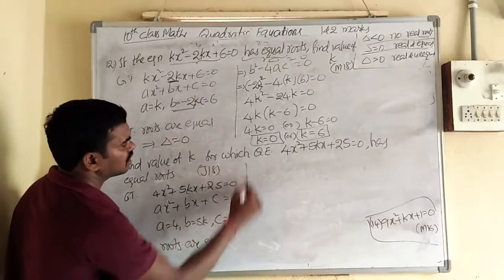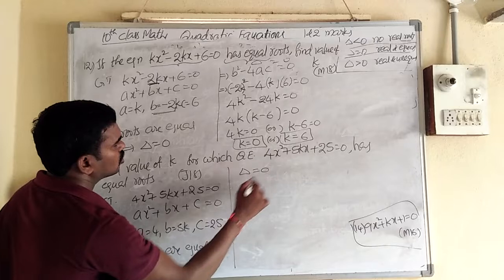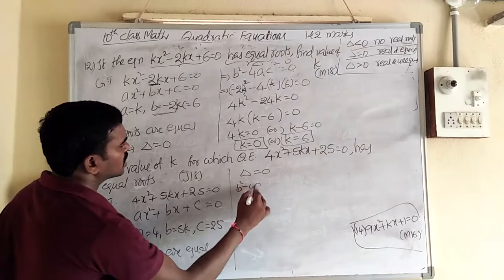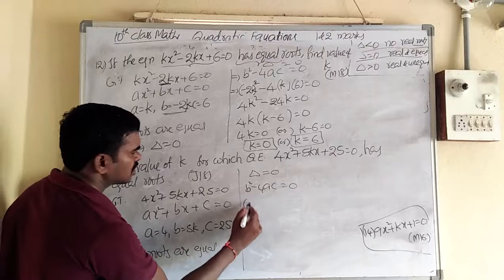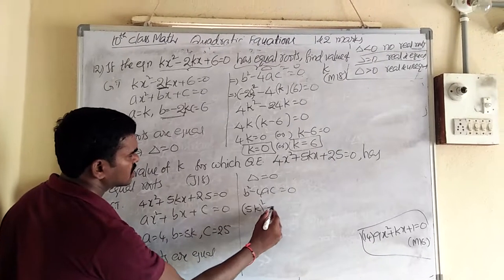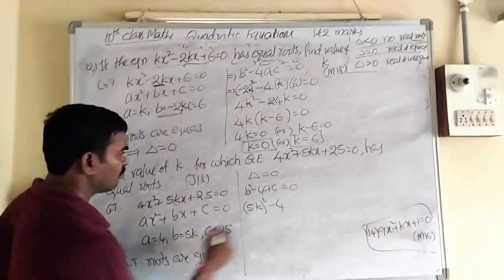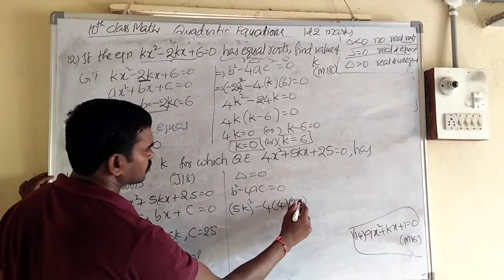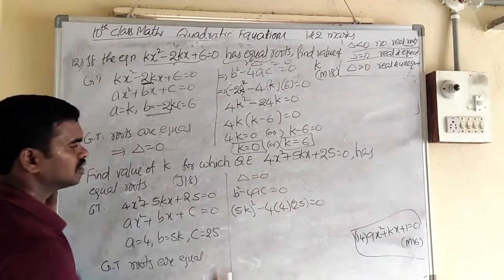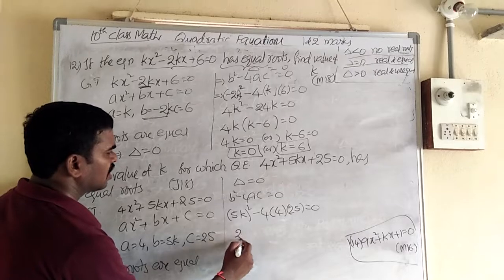Roots are equal means what? Delta equal to 0. Delta means b square minus 4ac equals 0. b means 5k, so 5k whole square minus 4 asterisk, a means 4, c means 25, equals 0. Now 5 square is 25, k square.